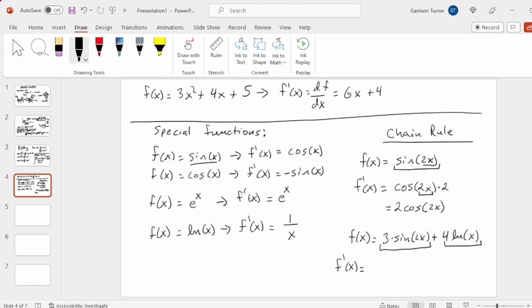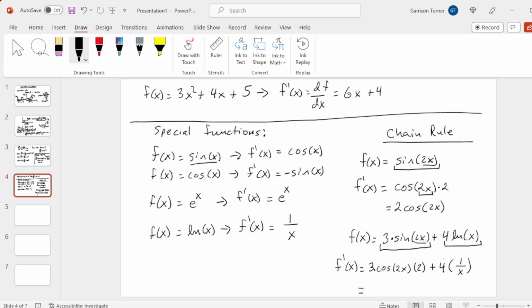And so what I'm going to do is I'm going to take the derivative. Now the derivative of 3 gets left alone, right? It's a constant, so it gets left alone when it's a multiplicative factor. If it were by itself, its derivative would be 0. So this is going to be left alone, and this is going to be 3 times the cosine of 2x times 2 for the derivative inside the argument, plus 4 times the derivative of ln x, which is 1 over x.